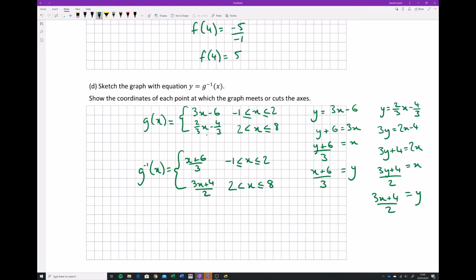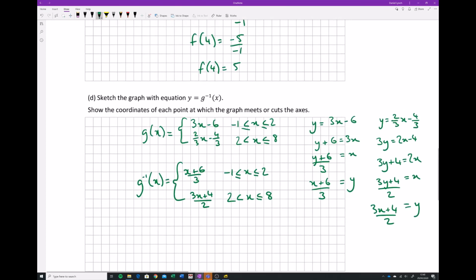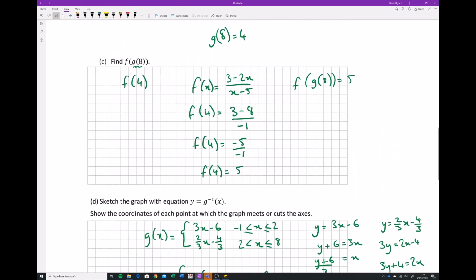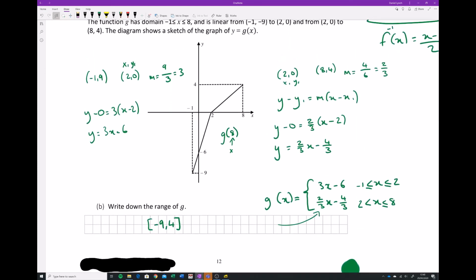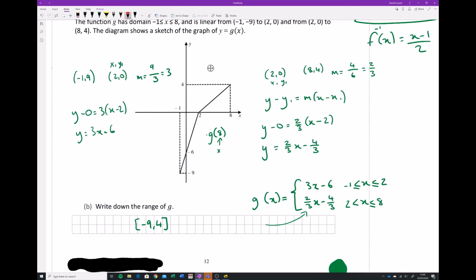Okay. Because it wants us to sketch it, for our first one, which was x plus 6 over 3, that's the -1 to 2 one. When we input -1, we get 2/3. That's there.